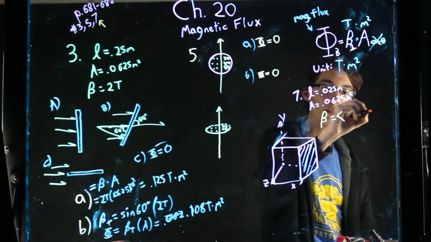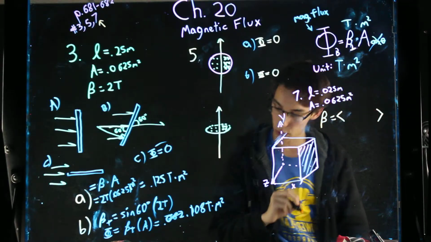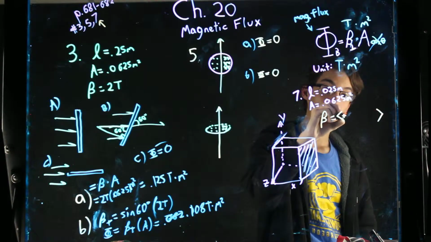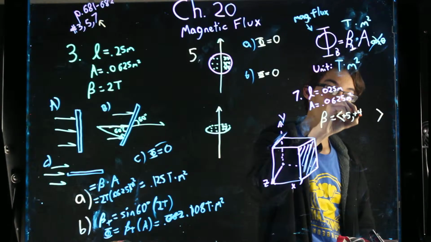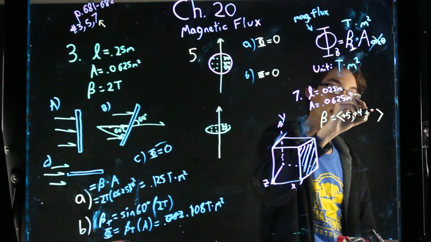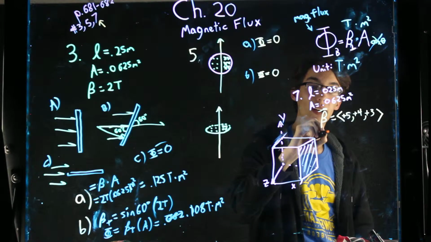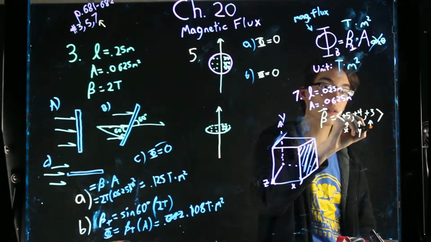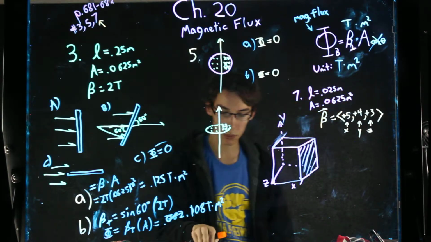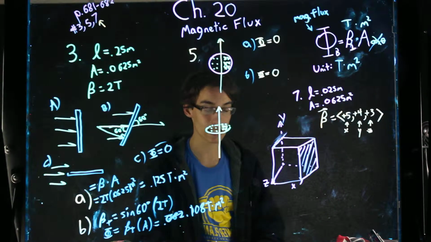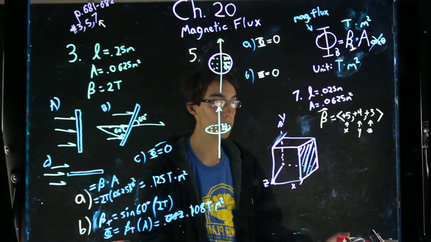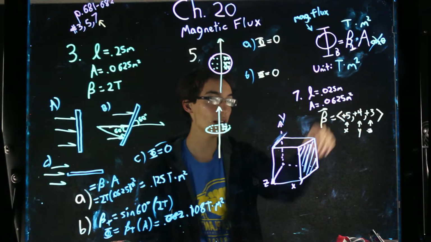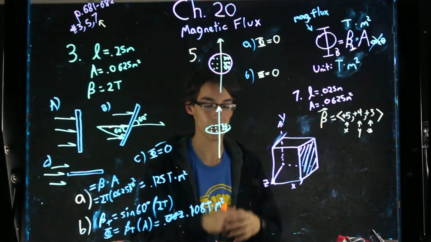For those of you who aren't familiar with vectors or the joy that is vector math, component form simply means that I'm going to list this vector, because remember, magnetic field is a vector. So this is our x component, this is our y component, and this is our z component. They give it to you a little bit separately, but they both mean the exact same thing. So don't get confused by the notation, it's just a more compact way of writing it.